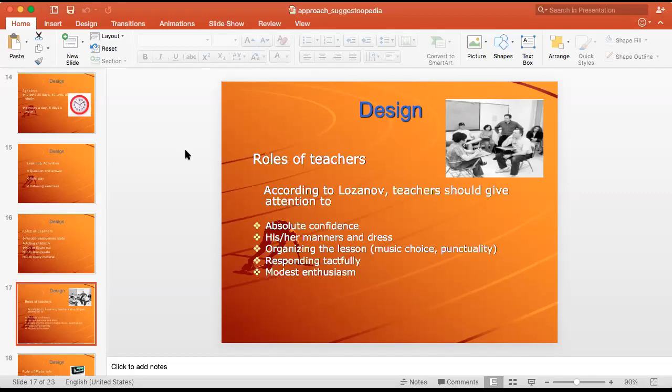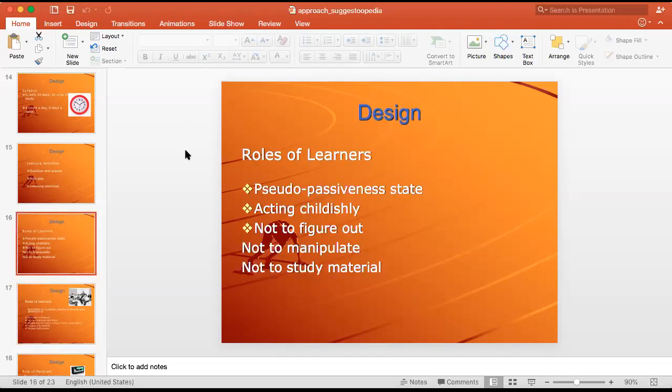Okay, so coming to the role of the student, right? Now the student, they practice infantilization, they act as children, right? And they also go into pseudo passiveness state. They're required to close their eyes, and they are made imaginative.